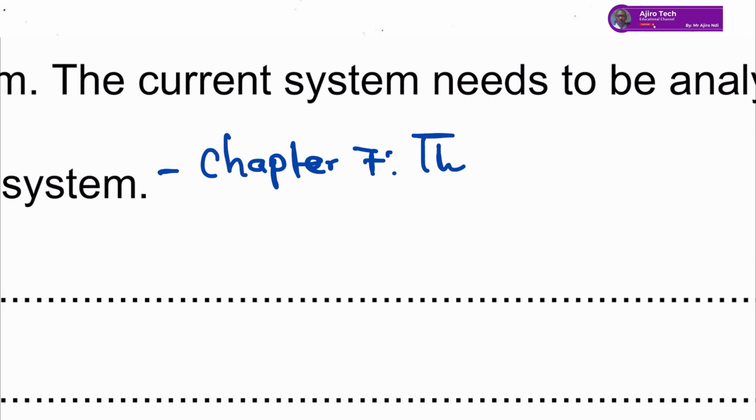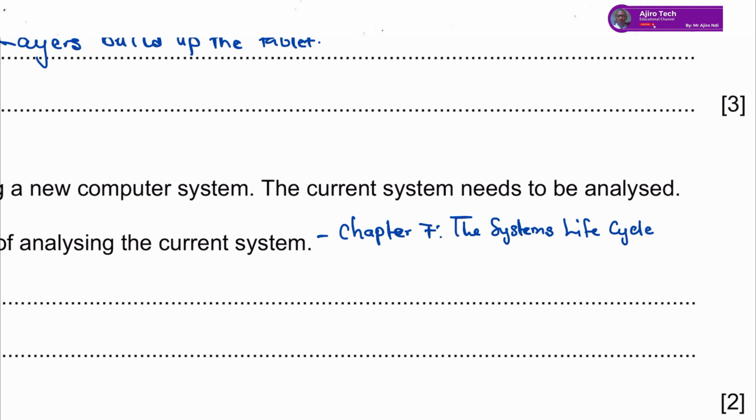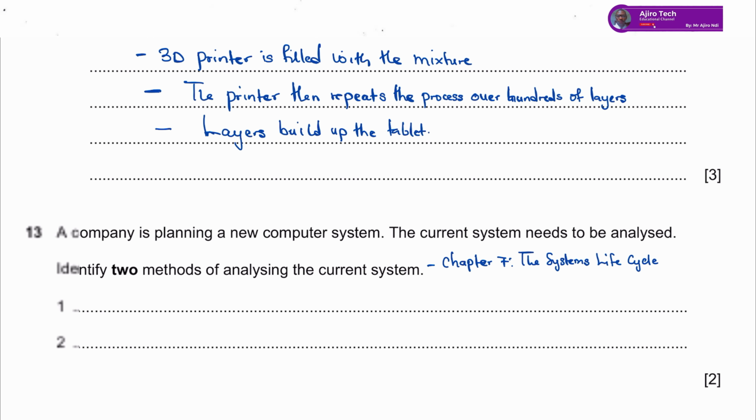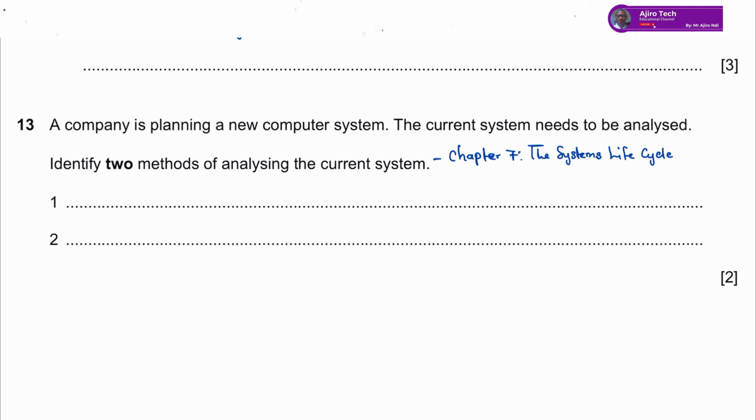The system life cycle. In the system life cycle, we have analysis, we have design, we have development and testing, we have implementation, we have documentation, and then we have evaluation.